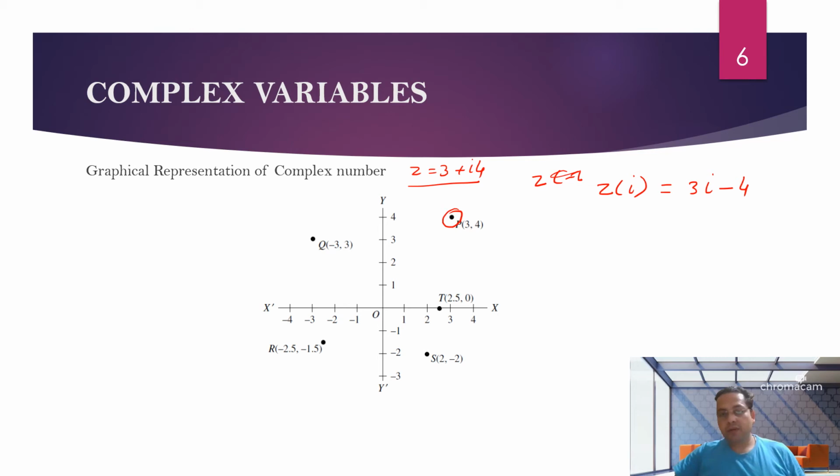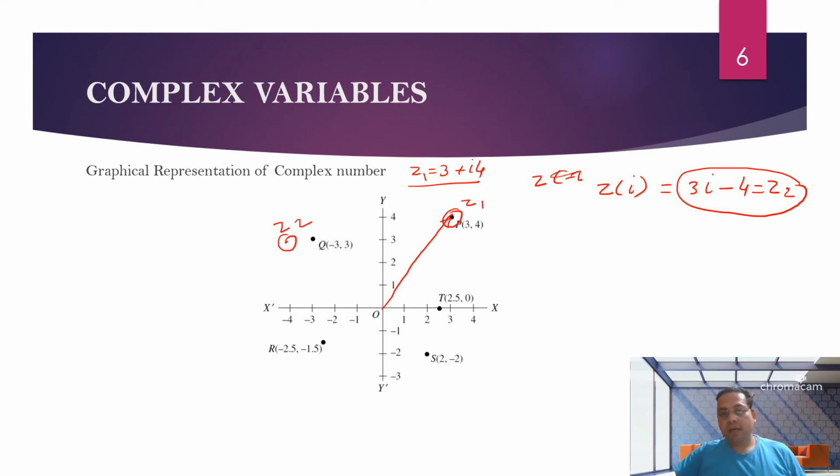If this is the vector representation of the first number z1, then z2 is equal to 3 iota minus 4. This will be represented as minus 4 on the real axis, this minus 4, and 3 iota on the imaginary axis, that will be this. Then we have this point, this is z2 and this is z1.